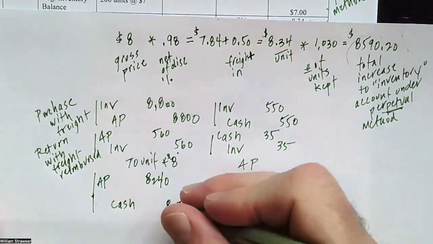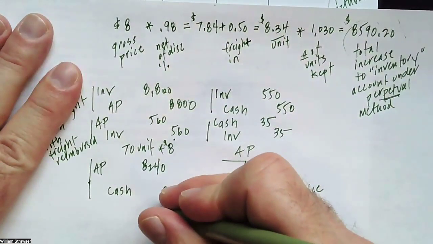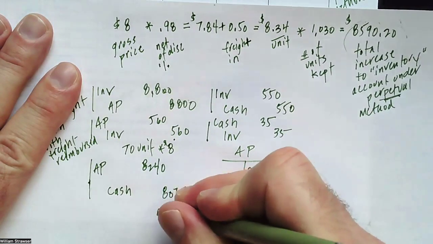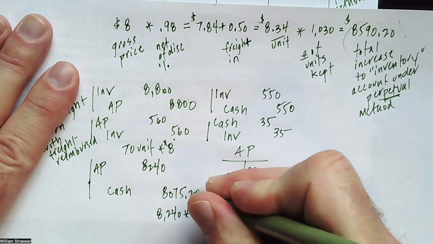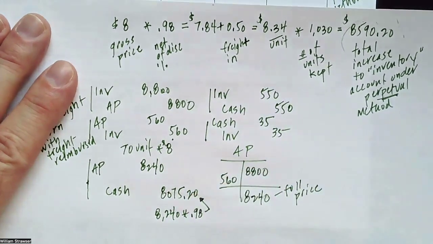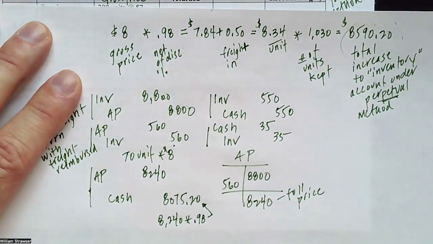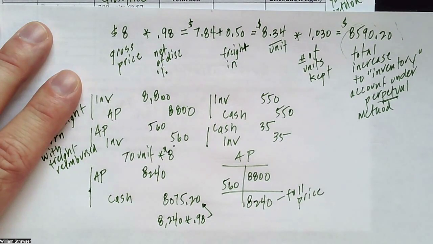And again, I just figured that out by taking the full price payable that's recorded at its full price and multiplying it by the after discount amount because they don't have to pay 8,240. They get 2% off that price.